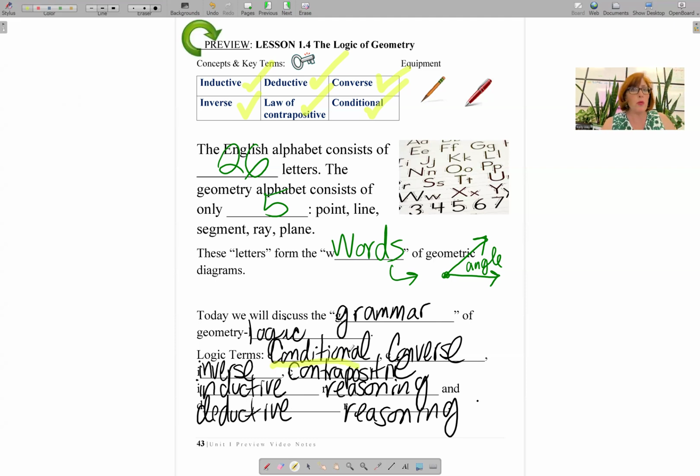Something called a conditional, which you are already an expert at. Converse, inverse, contrapositive, inductive reasoning, deductive reasoning. All of these are related to the logic or the grammar, how we put things together in geometry.